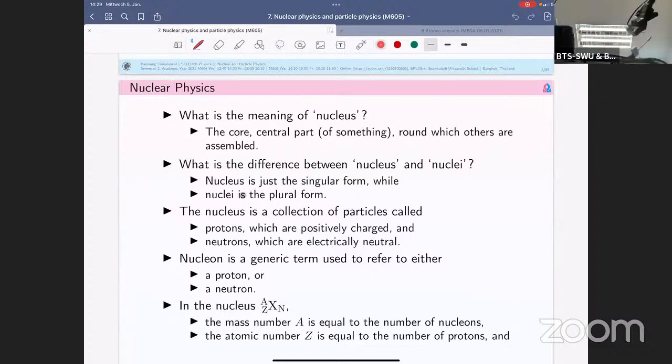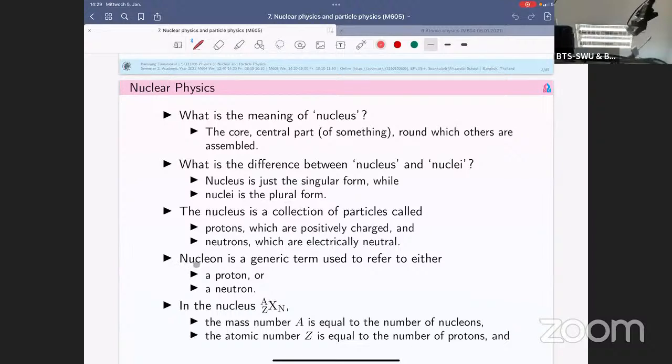A nucleus is a collection of particles called protons, which are positively charged, and neutrons, which are electrically neutral. Nucleon is a generic term used to refer to either a proton or a neutron. You can use the word nucleon, but it's not used quite often.